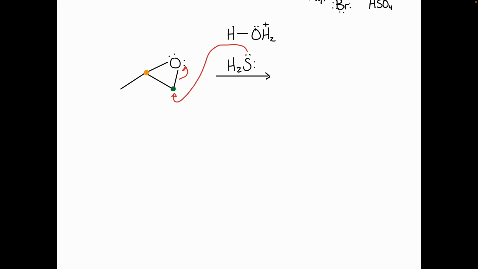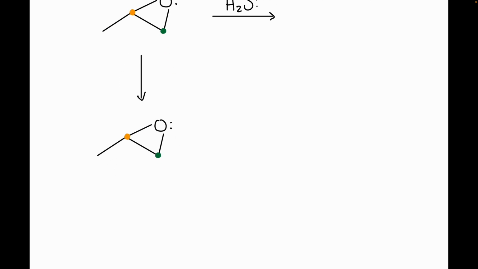Right? So exactly, we're going to play the same game that we played with our alcohols under acidic conditions, and we're going to protonate that oxygen. And when we protonated that oxygen, did we make it a better leaving group or a worse leaving group?